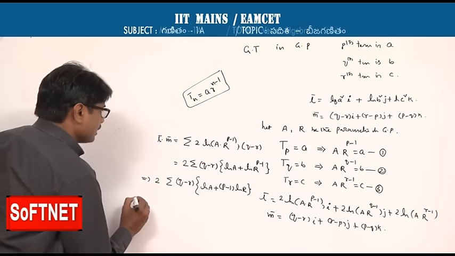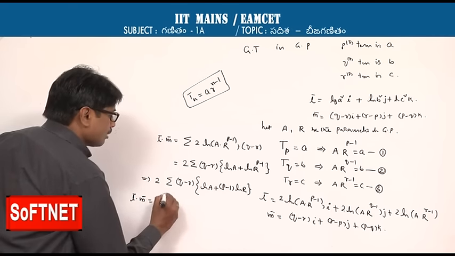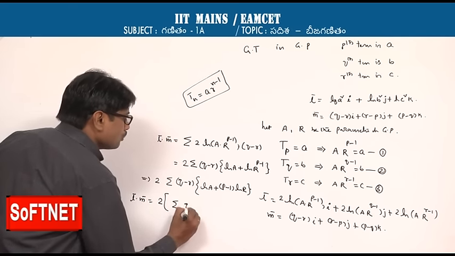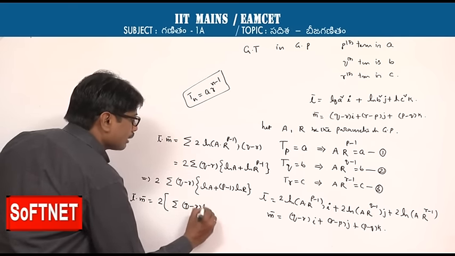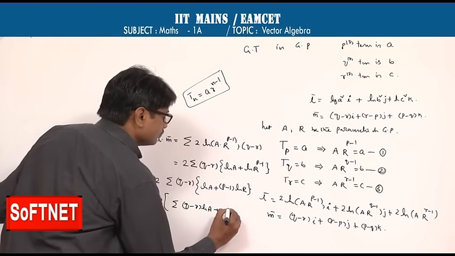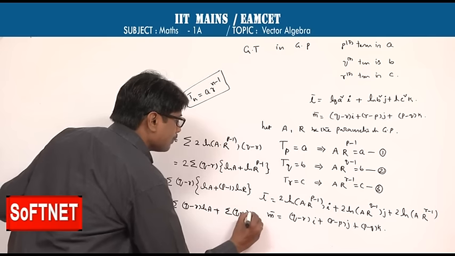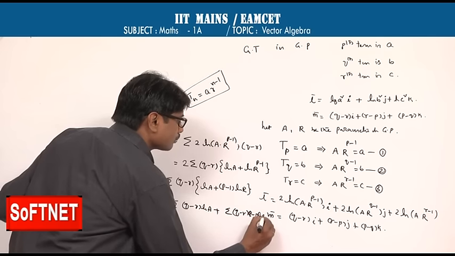On further simplification L bar dot m bar is equal to 2 times of sigma q minus r into log a plus sigma q minus r times of p minus 1 into log r.